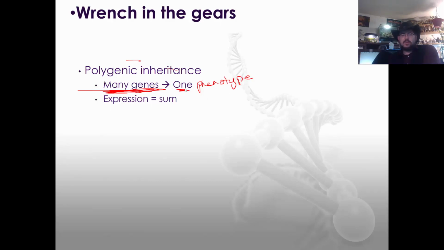Many genes, one phenotype. The total expression of that phenotype is the sum of different dominant and recessive alleles.